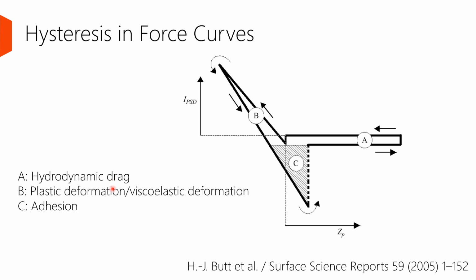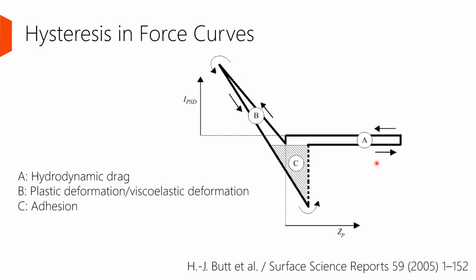Next we can see some examples of force curves that might look a little bit different than a typical one. In this schematic force curve, we can observe three hystereses. The first one is a separation between the baselines of the forward and backward modulation.